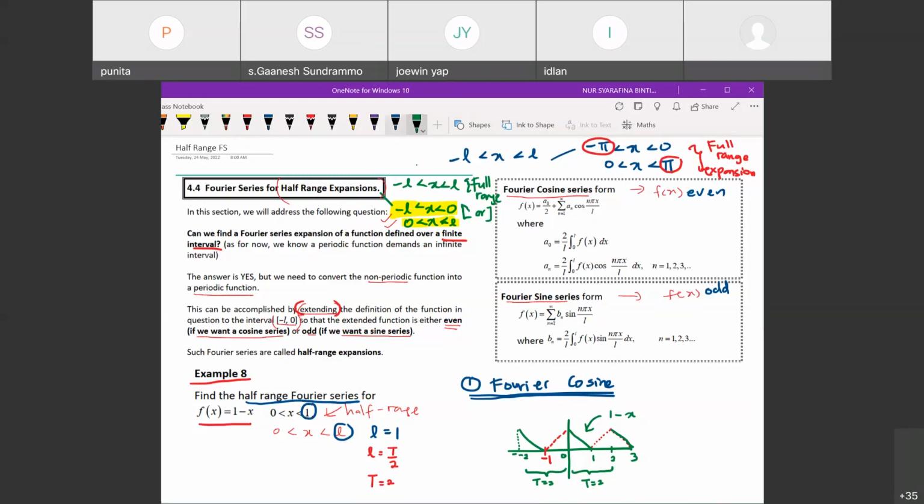Okay, so now your T equals 2, L equals 1.